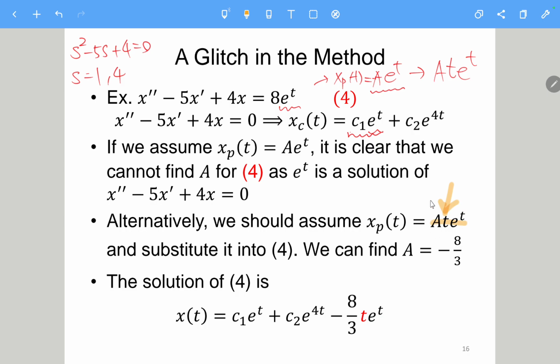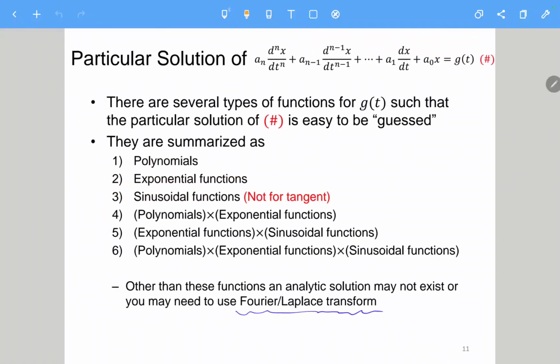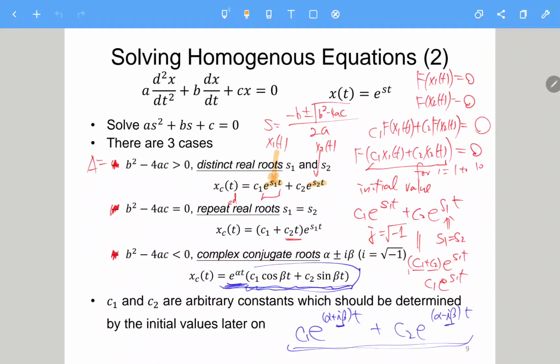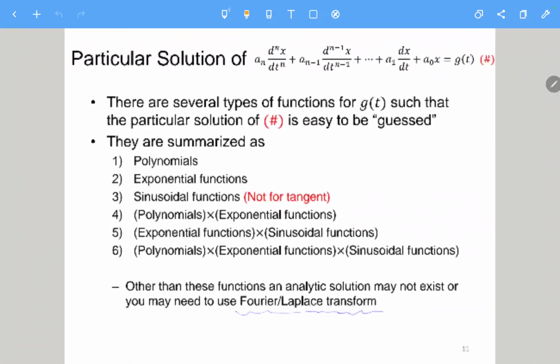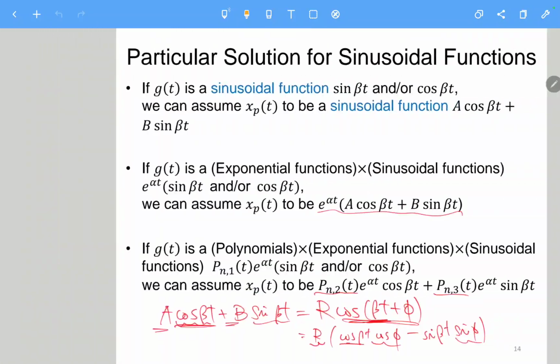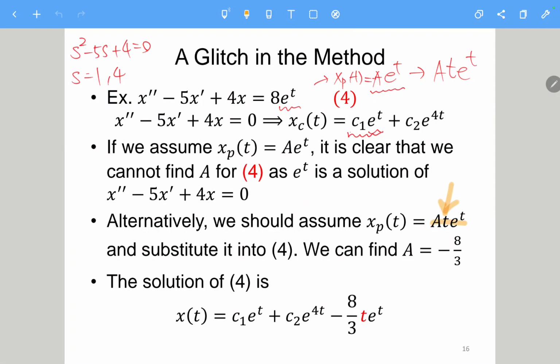The reason is similar to the repeated roots case: when we find two roots are the same, one of them you should multiply by t. Similarly here, you should multiply another t there. Substitute it in and we can find a, and then the solution is the homogeneous solution plus this particular solution. So we have an additional t there.